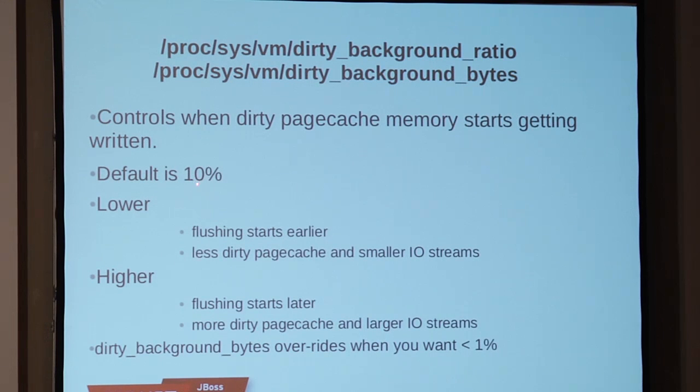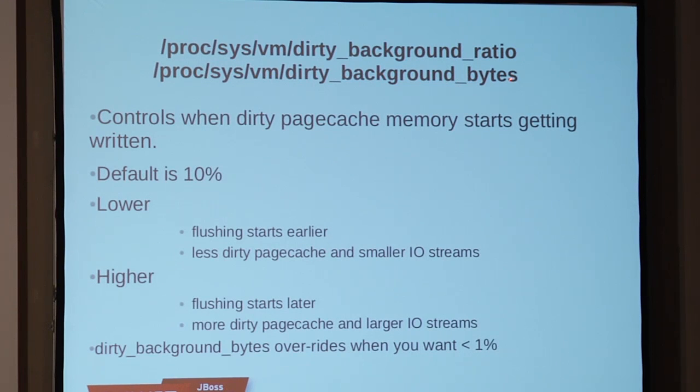By default, it's 10%, and you can control whether it starts earlier or later, depending on the performance you're looking for. This is a common thing to set in the TuneD profiles. You can control it as a ratio, which is a percentage of memory.